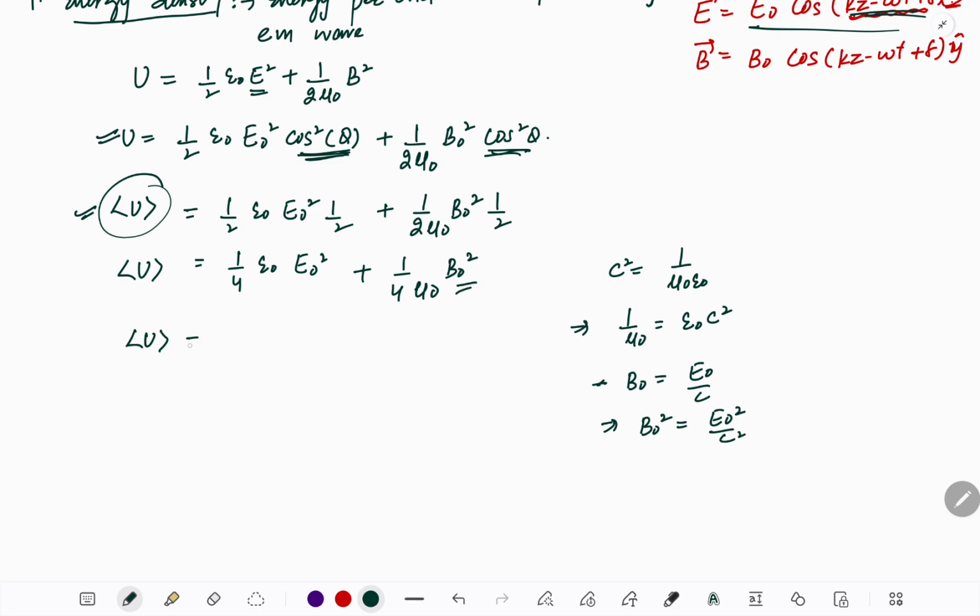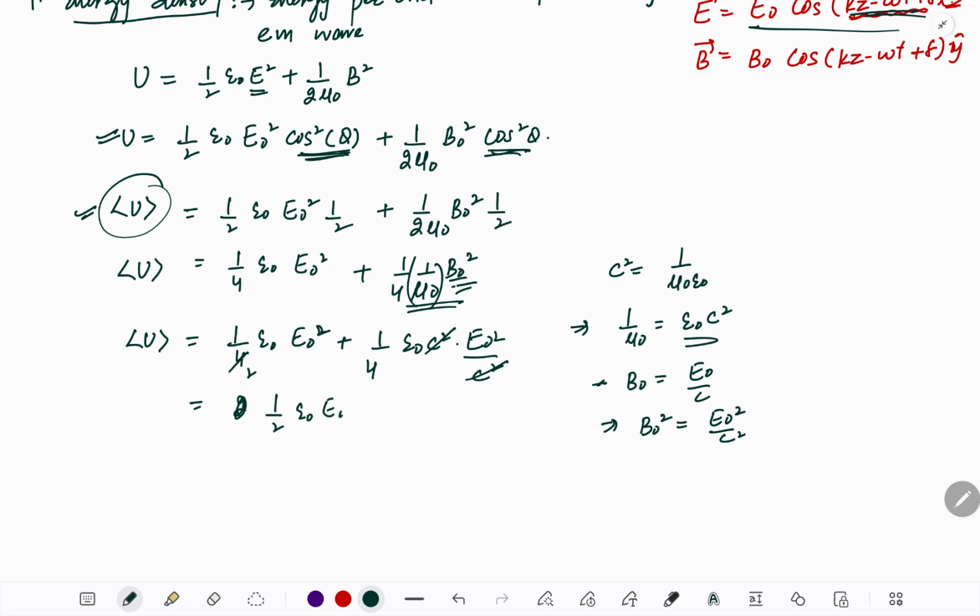The average energy density is 1 by 4 epsilon naught E naught square, since I'm trying to write everything in terms of E and epsilon 0, plus 1 by 4 times epsilon naught c square in place of 1 by mu 0, and in place of B naught square I write E naught square by c square. The c squares cancel, so it becomes 2 times 1 by 4, which gives 1 by 2 epsilon naught E naught square.